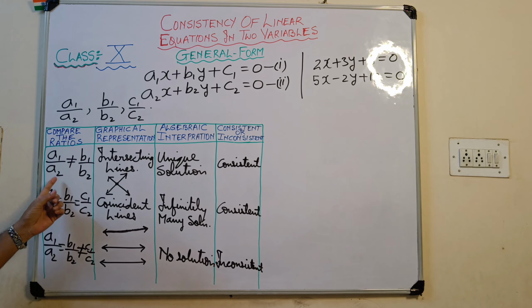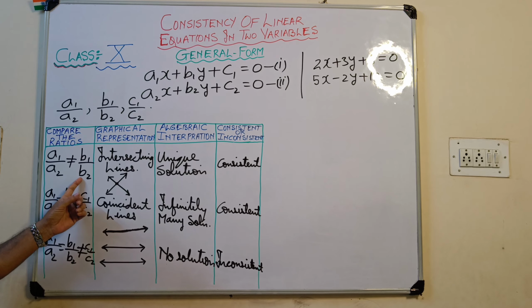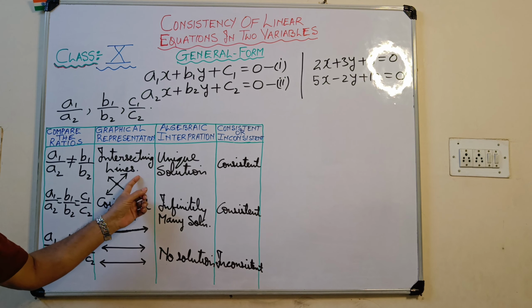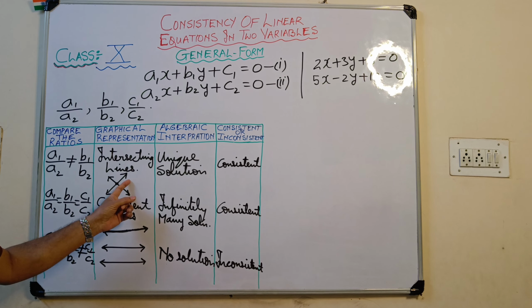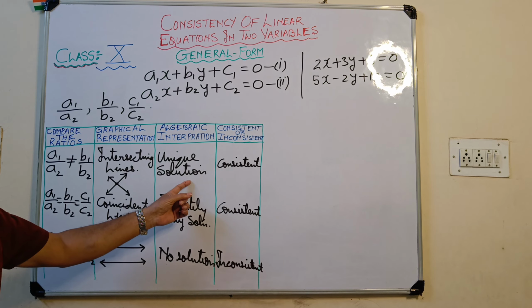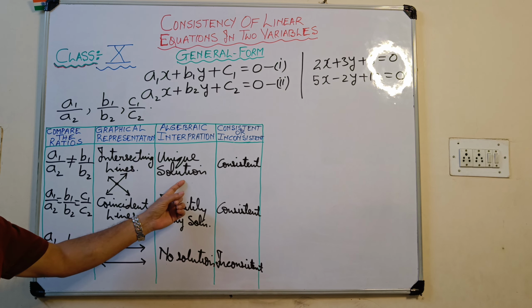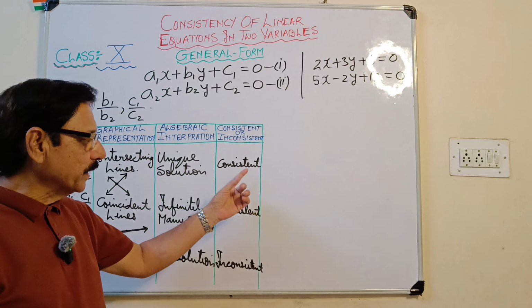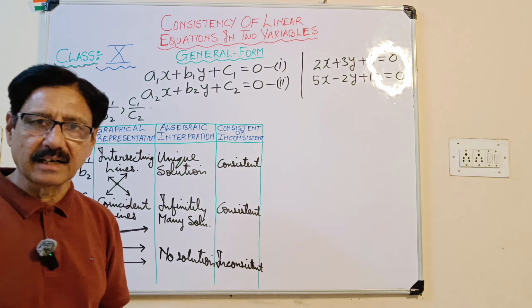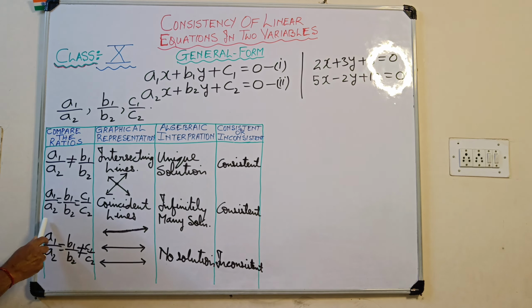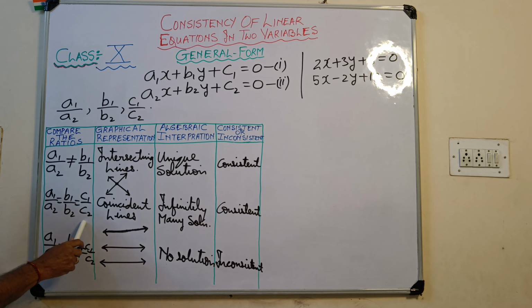If a1 by a2 is not equal to b1 by b2, then if we solve by the graphical method we will get intersecting lines. By the algebraic method, what is the interpretation? A unique solution you will get. So we can say solution we are getting, so they are consistent. If all three ratios are equal, by the graphical method we will get coincident lines.